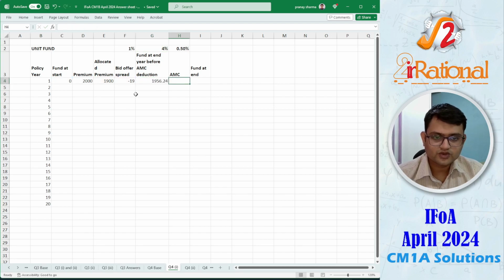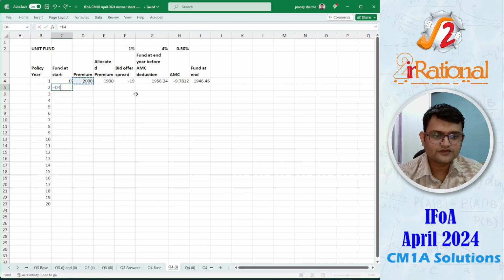That would be the growth of the unit. Then out of that we are deducting the AMC. So I will take minus this into this rate, and fund at the end will be equal to fund before AMC plus AMC because I have already taken it as negative.